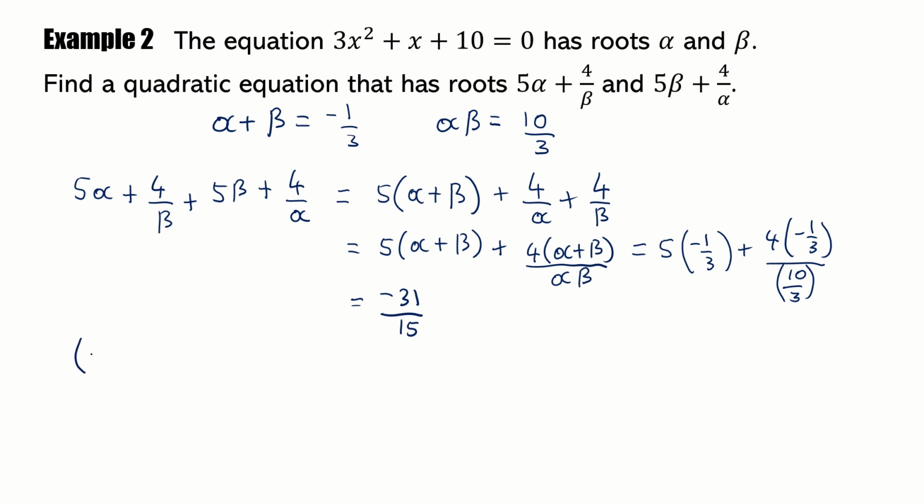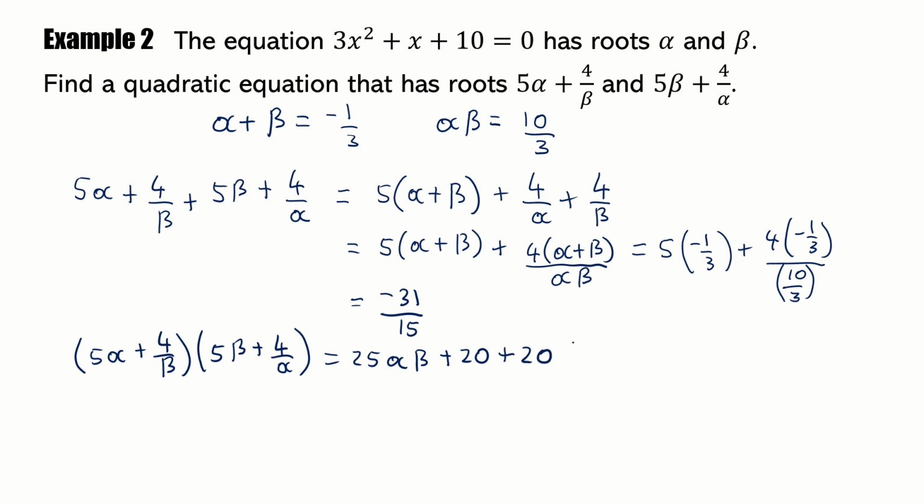And then working out the product of these two new roots as well will get us what you can see me writing out on the screen right now. Of course, we've then just got to multiply out the brackets, which will get us a 25 alpha beta. 5 alpha times by 4 over alpha will just get us a positive 20. The 4 over beta times by 5 beta will also get us a positive 20. Luckily, alphas and betas cancel out for both those terms.